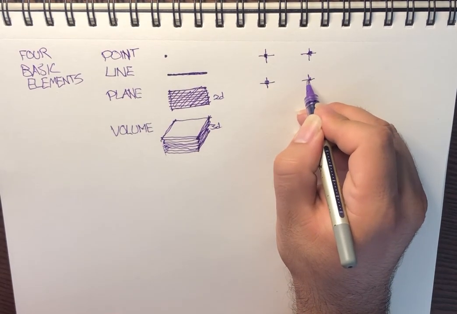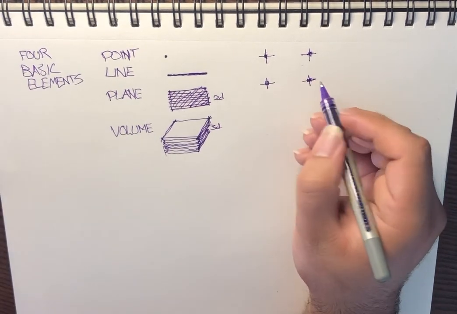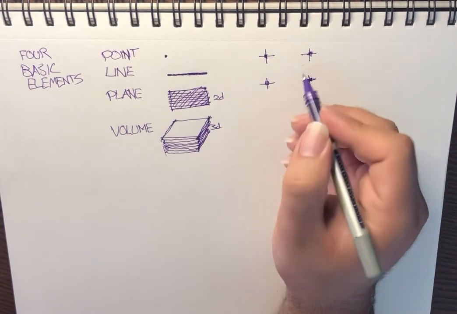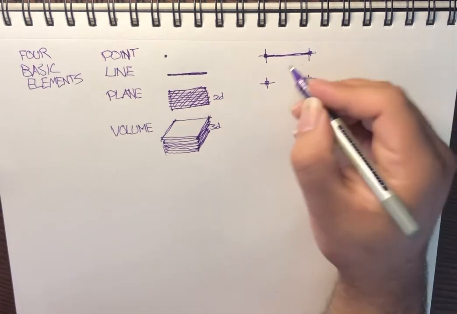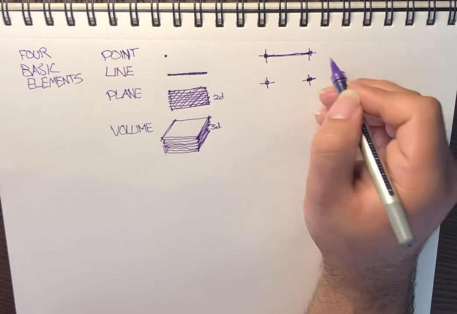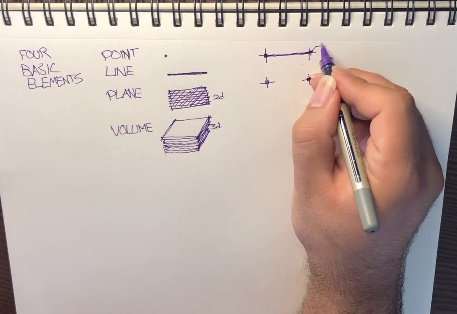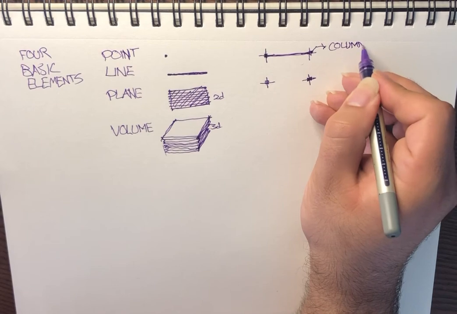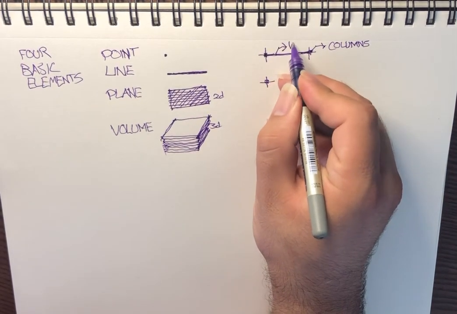Like this. These are the axes of the columns. So we have the columns, first thing. Then if we connect the columns with these lines, it will be wall.